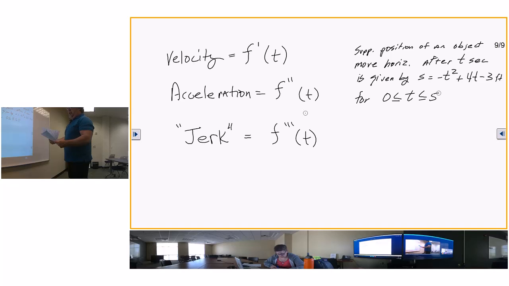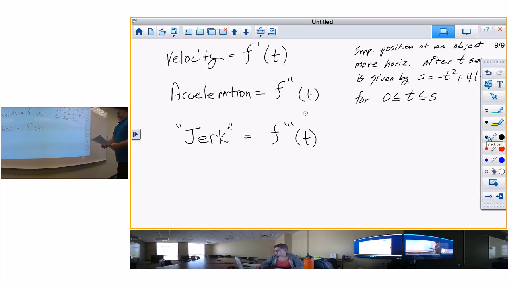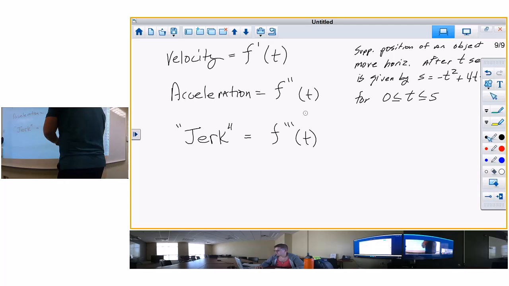And we're going to find the velocity, we're going to find the acceleration function, and we're going to find the acceleration when the velocity is equal to 0. So we're going to find several things here. And it's really not that difficult, but I wanted to write it a certain way because some of you may see this.